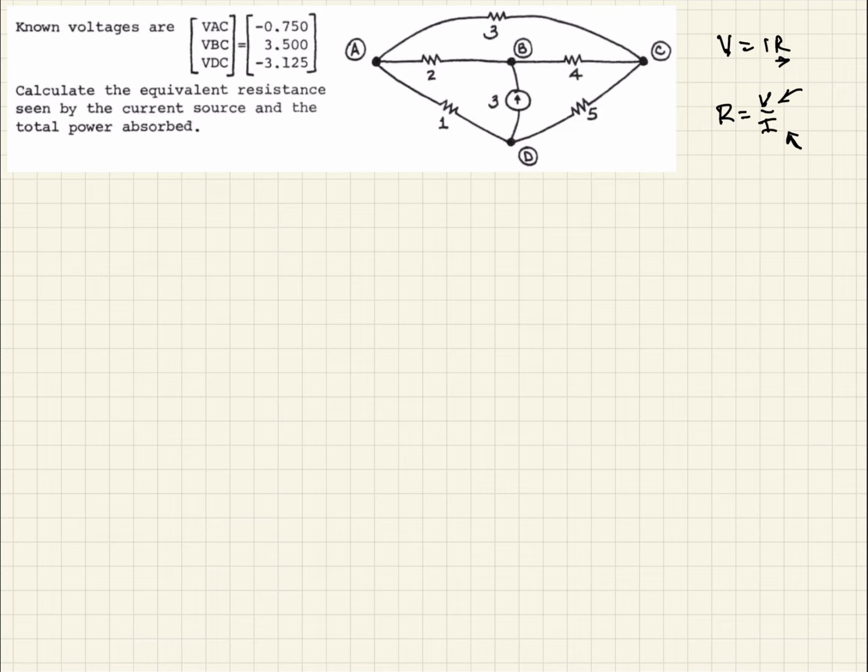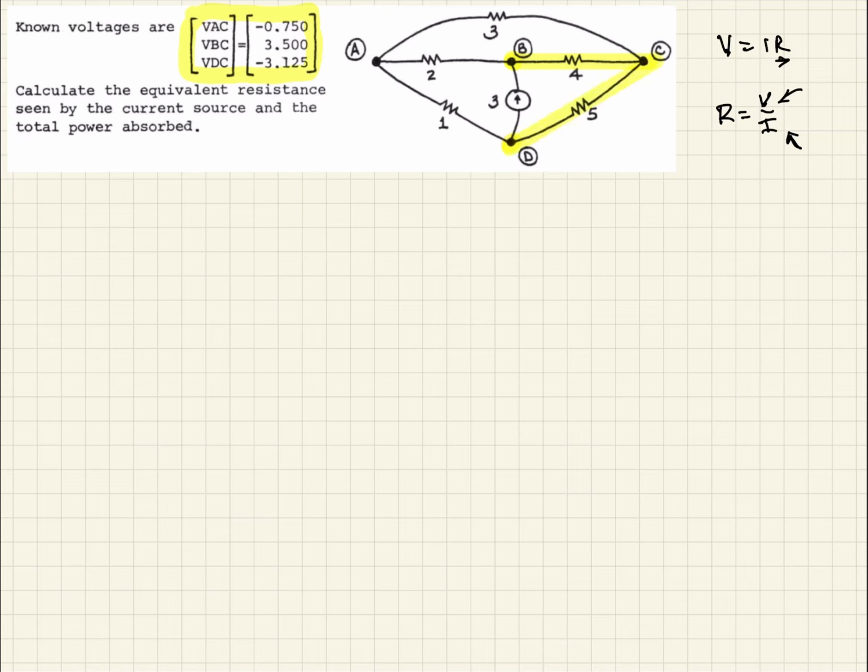So again, the point of interest is to find the voltage drop between B and D. Well, they don't give us that over here in this list, but they do give us 2 connecting points to that. So they give us the voltage drop VBC, and they give us the voltage drop VDC.